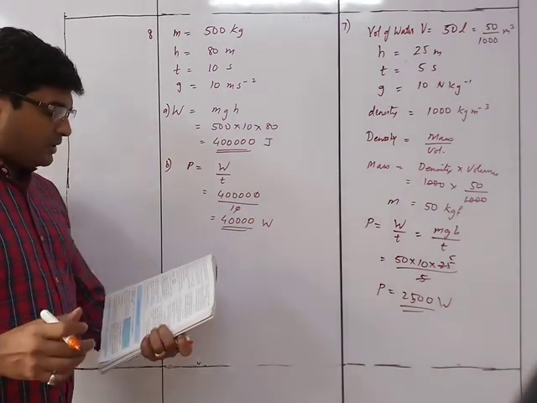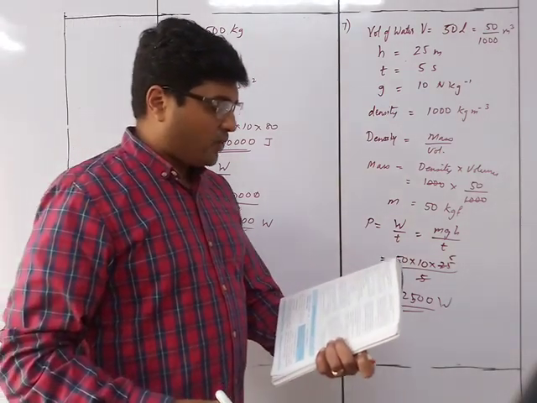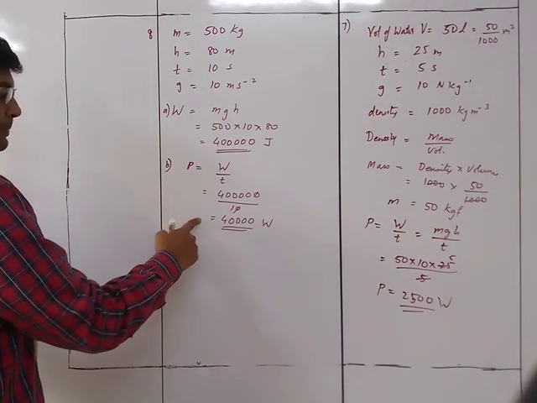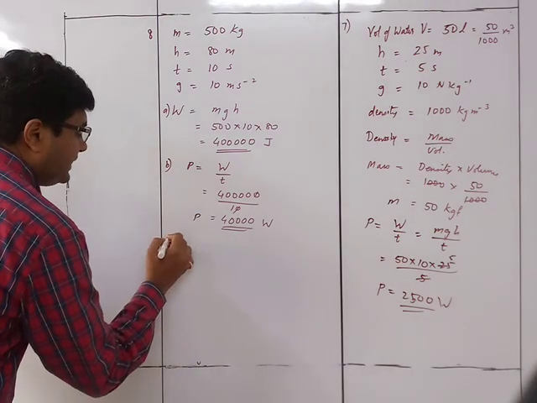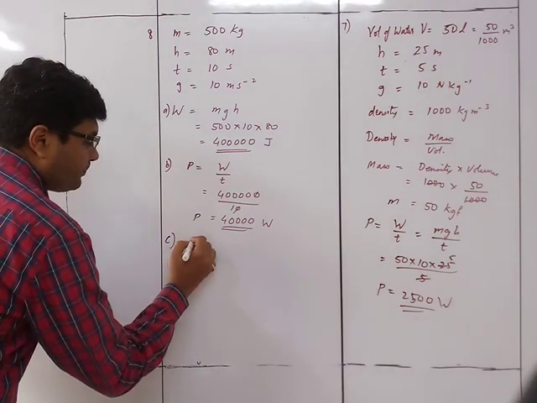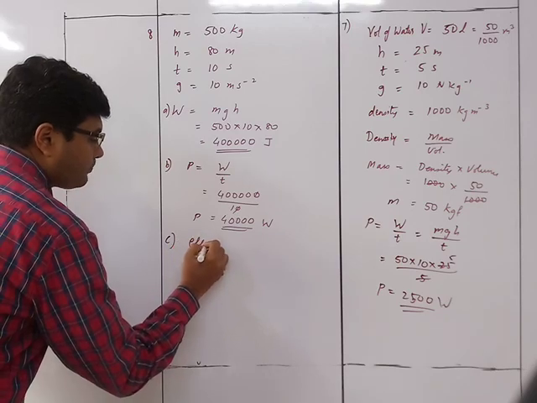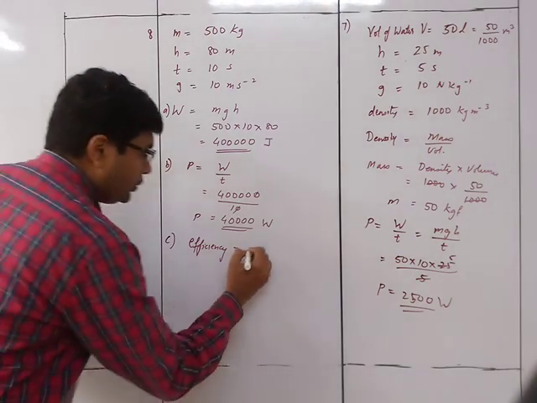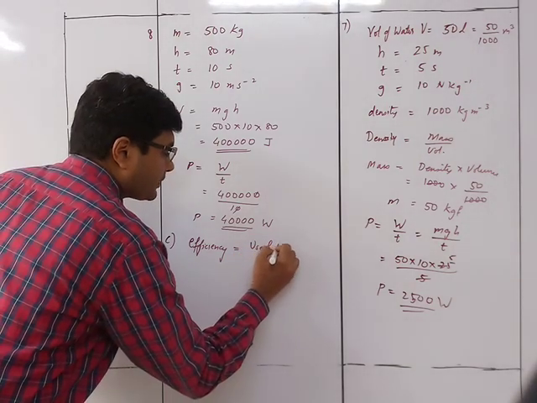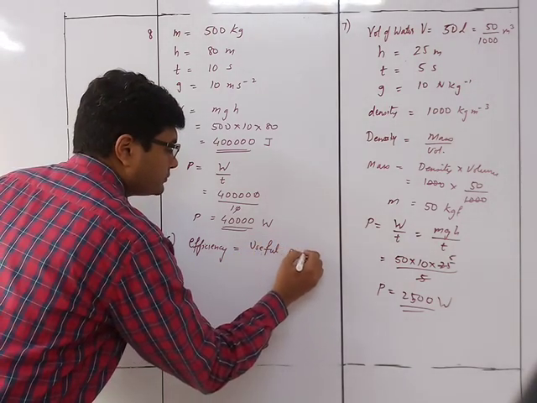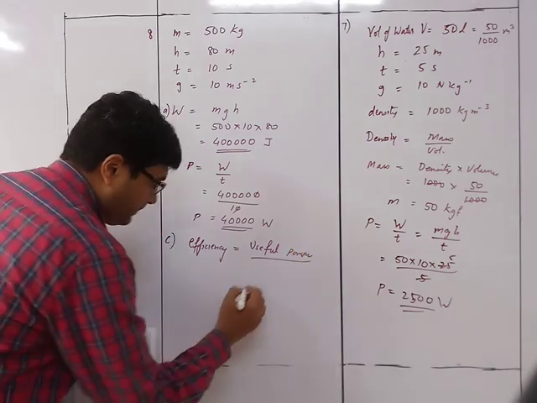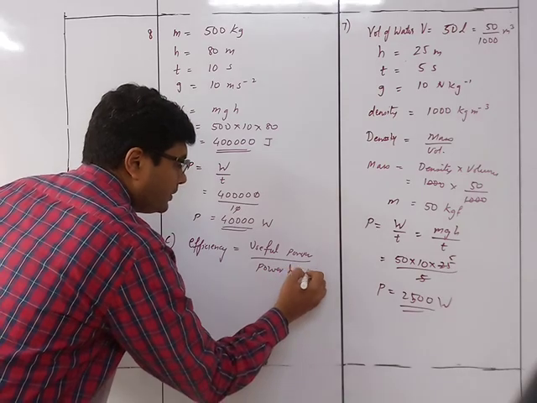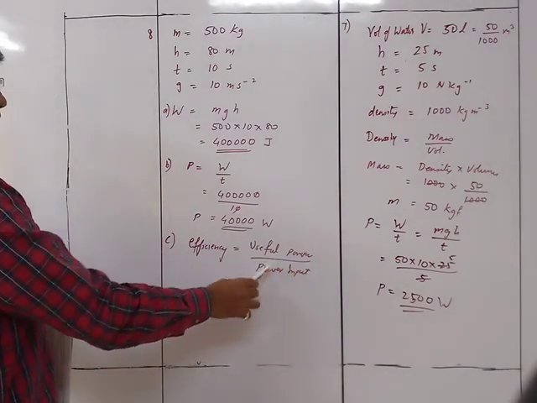Now the power rating of the pump, if the efficiency is 40%. They have given efficiency is 40%. The formula is: efficiency = useful power upon input power, or we can also say output upon input.